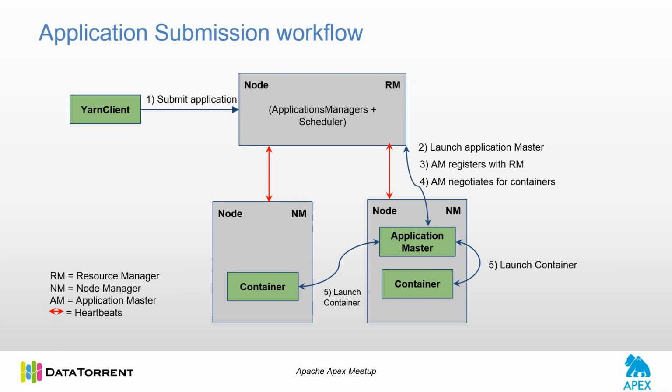So when you submit the application, does it create the application master container randomly on any node, or is it the case that the application master works with the RM twice with respect to the specification?